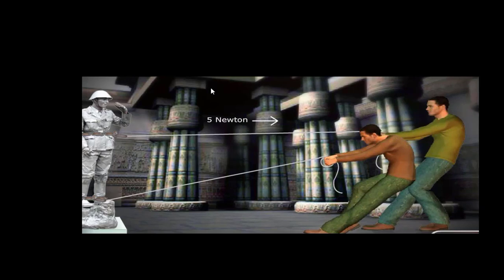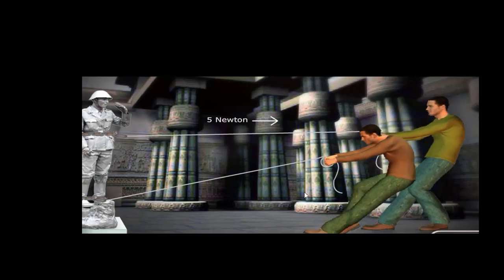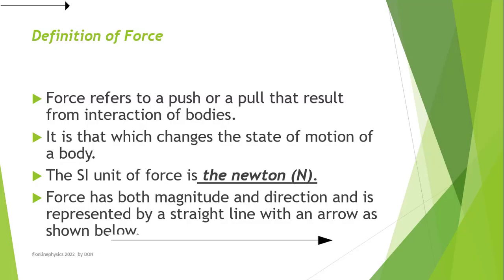So this brings us to our discussion of the day, which is force. Now, from the animations we've seen, for us to move the object, some had to push, others had to pull. That brings us to the definition of the word force.